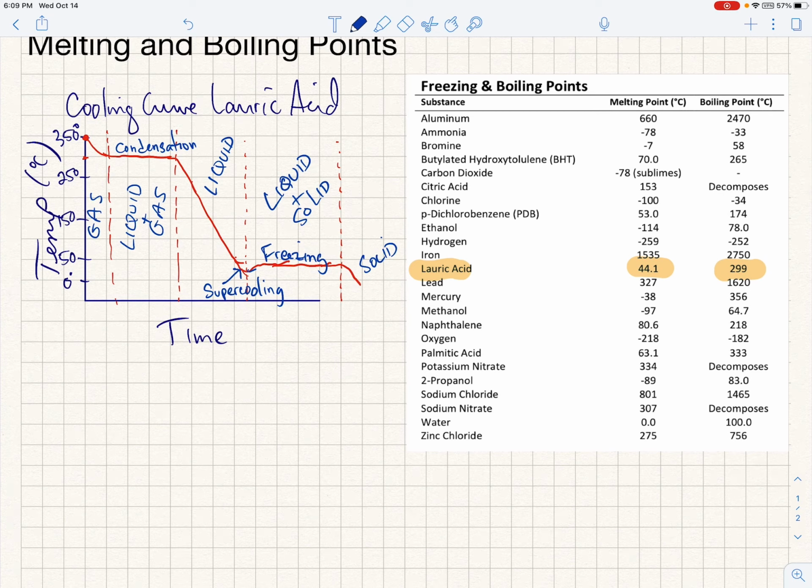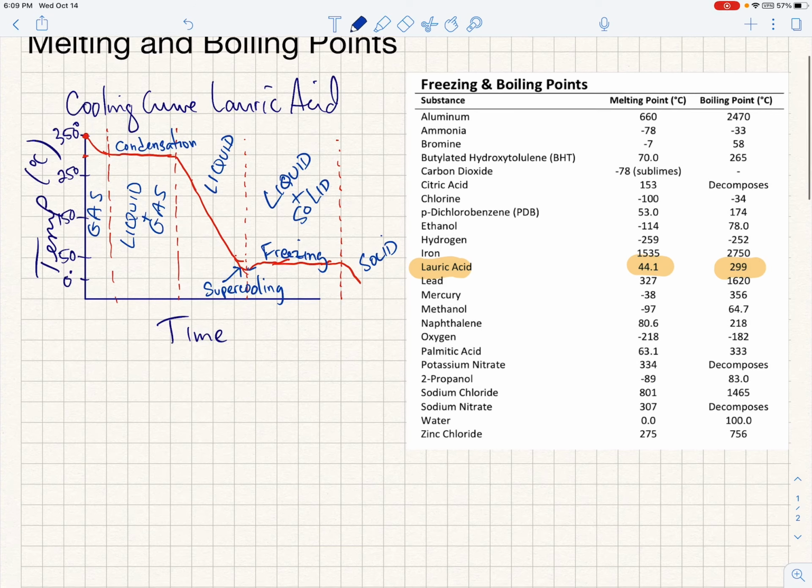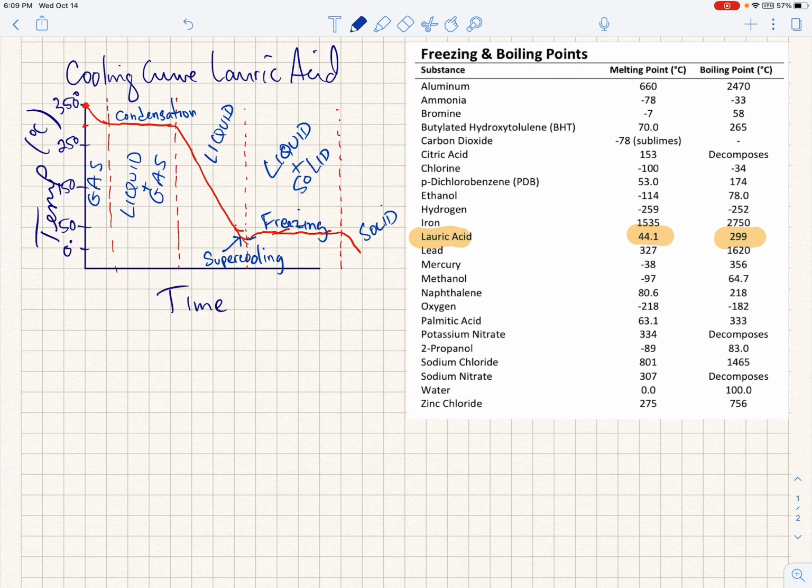So that's one use of this data: to sketch cooling curves or heating curves. Another common question that you're asked is to predict for a given substance whether it would be a solid, liquid, or gas at a given temperature. So is it a solid, a liquid, or a gas at some temperature in degrees Celsius?